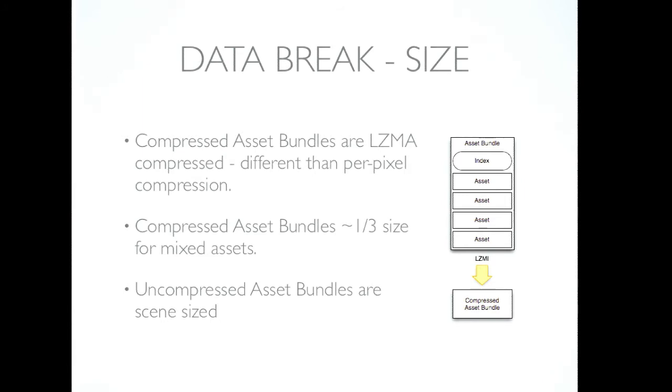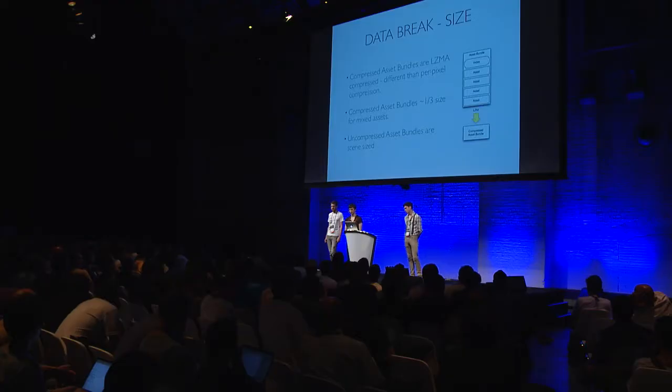The LZMA compression is variable. It's pretty good, though. Compressed asset bundles use about a third of the size on average from uncompressed asset bundles. This includes mixed assets, an asset bundle that contains meshes, textures, game objects, scripts. So if you're looking for binary size savings, it's a great way to shrink your content.